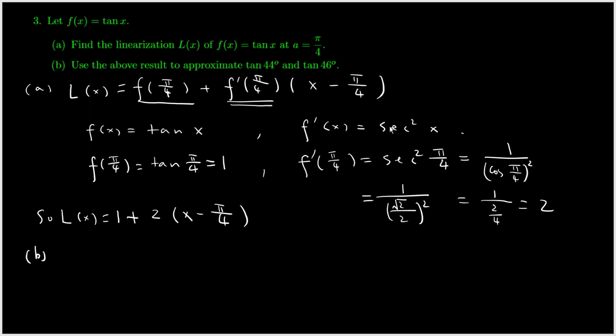Whenever you see tan of x, secant of x, whatever trig function of x, that x is radian. So let's approximate tan of 46 first. You like addition better than subtraction, right? In any case, we're going to convert the 46 degrees to radians.